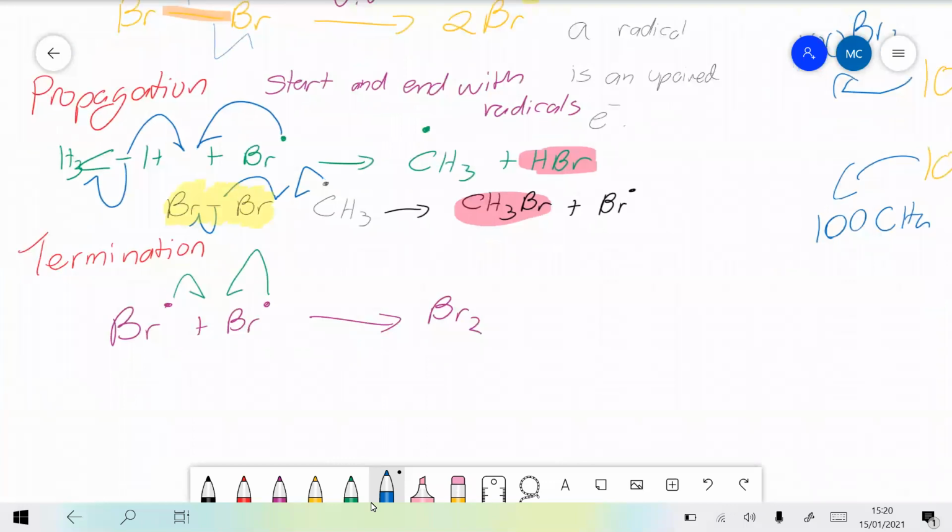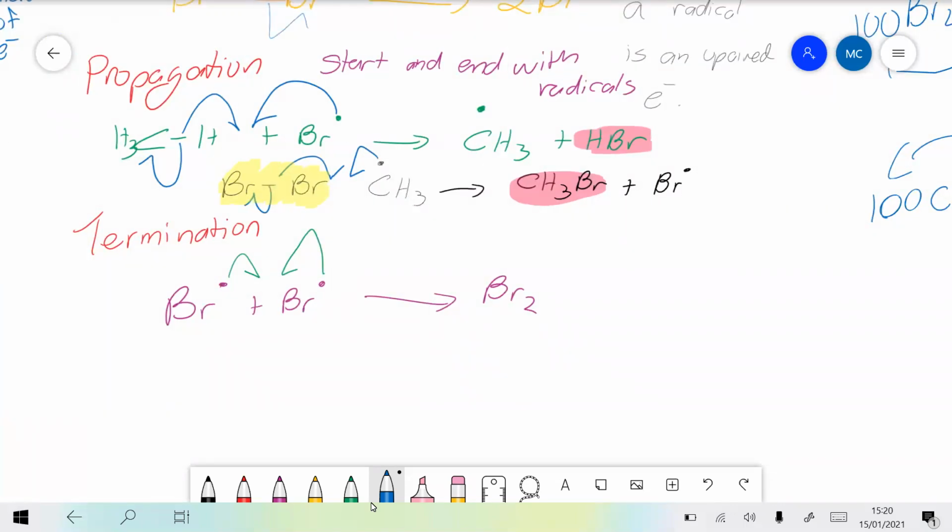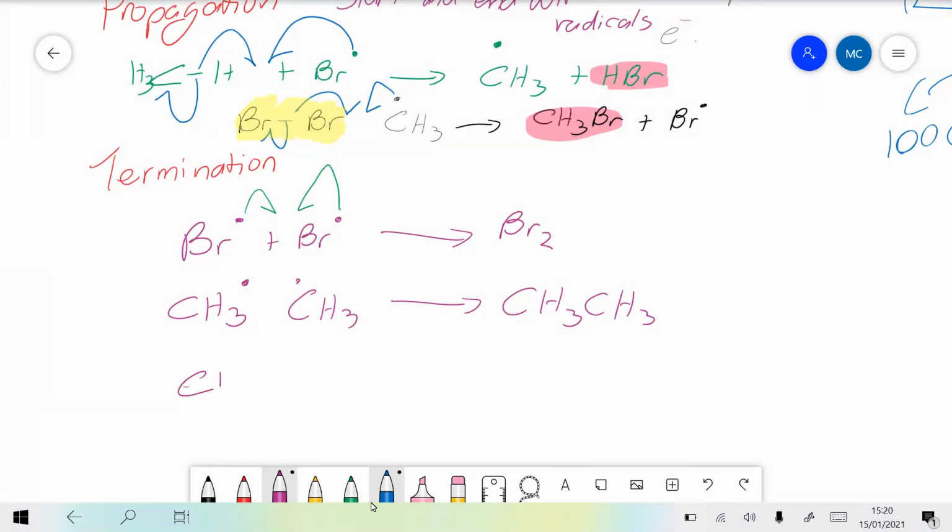Then in termination you can have the two bromine radicals reacting. You can have two methyl radicals reacting to form C2H6, and we can have CH3 plus Br radicals reacting to form CH3Br.